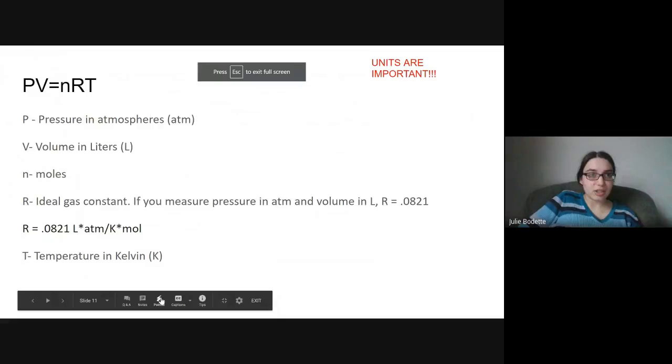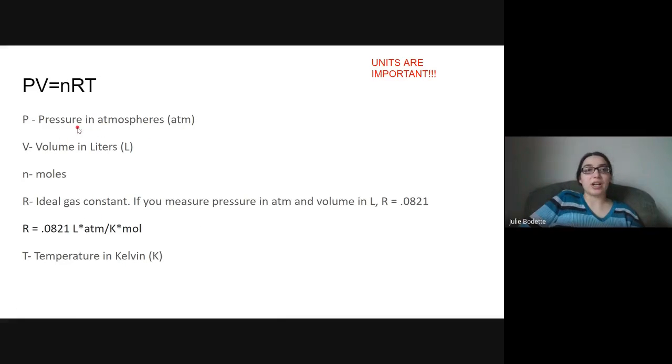All right. So P is our pressure in atmospheres. So atmospheres is kind of a nice unit for pressure. So 1 atmosphere is sort of the standard pressure you would feel if you're standing around outside. There's 1 atmosphere of air pushing down on you.